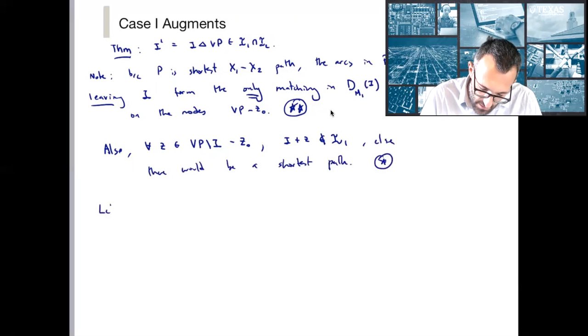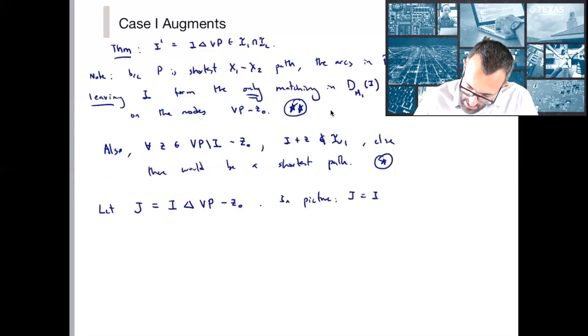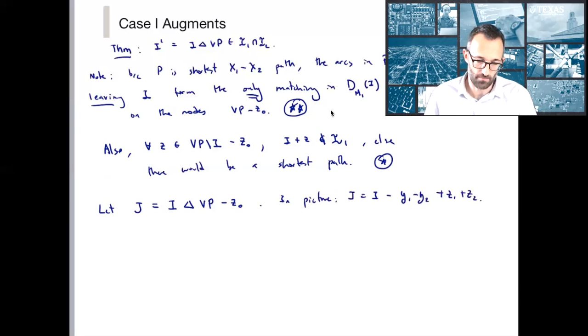Now let's let J be the set that's equal to I, symmetric difference with the nodes on the path, but again without z naught. And so in the picture on the previous slide, this means that J is equal to I minus y1 minus y2 plus z1 plus z2.